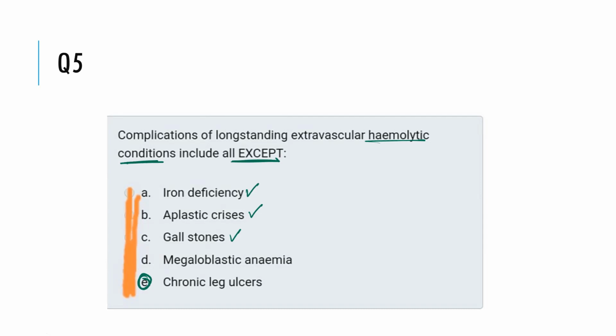And the aplastic crisis calls for increased production of cells by the bone marrow, therefore increased folate as well as B12 utilization in the process. So it leads to B12 and folate depletion, thereby causing megaloblastic anemia.